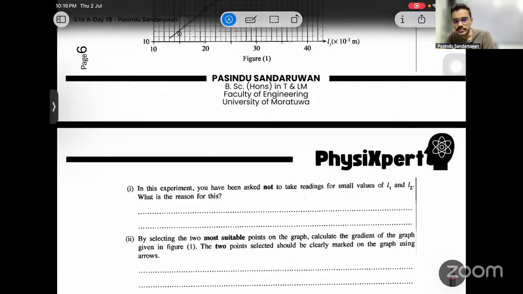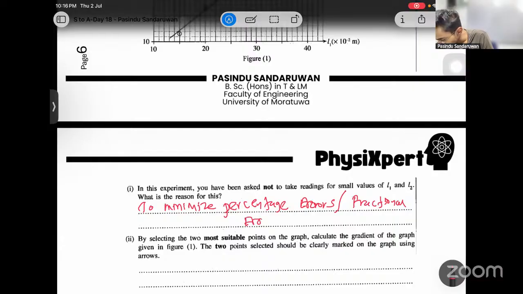So the reason is to minimize percentage errors or fractional errors in length readings.